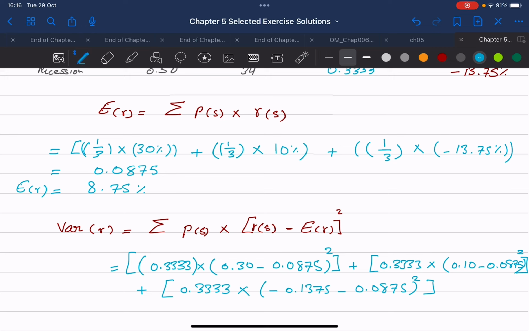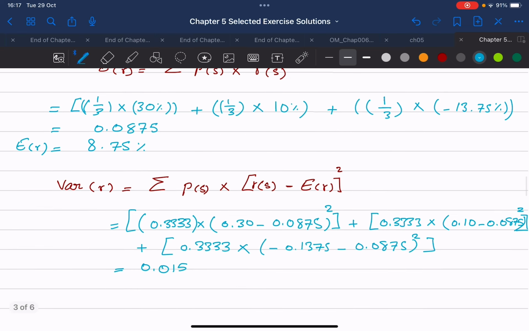Okay, that gives me 0.045156. I'll multiply that by 0.3333, which gives me 0.0150.